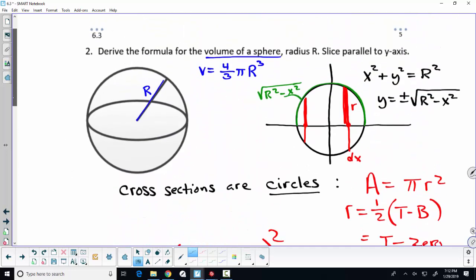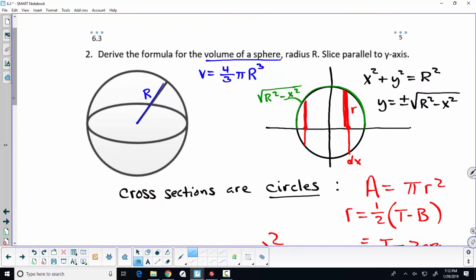Capital, because we're generating the volume of this solid. Remember, this circle is x squared plus y squared equals capital R squared. So if we need to label it, this point over here is r, this point over here is negative r. So those rectangles, or circles if you will, for x are filling up the region from negative r to r.